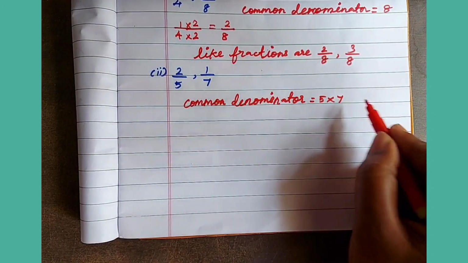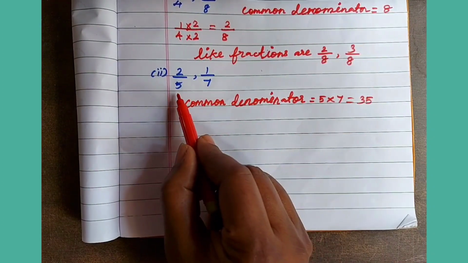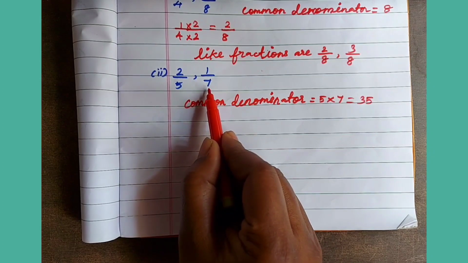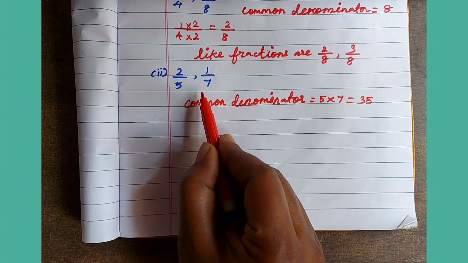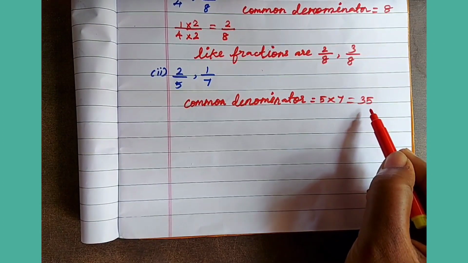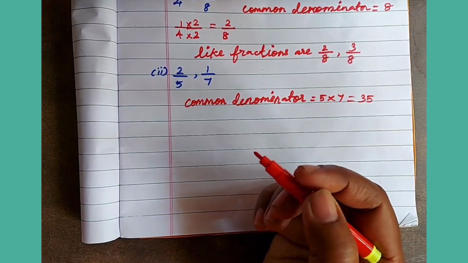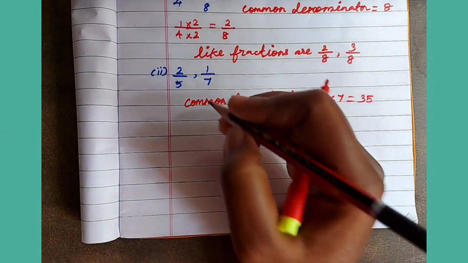So 5 7s are 35 is the denominator value. One denominator is 5, another is 7. So we have to find the common denominator 35. How do we find this? We have to cross multiply.